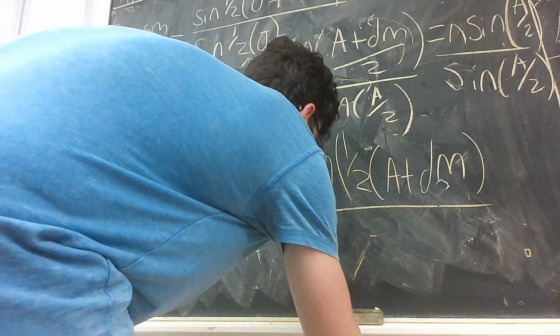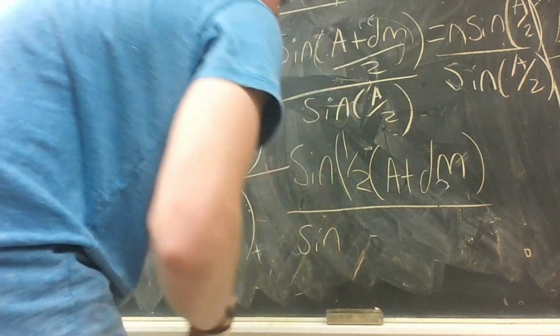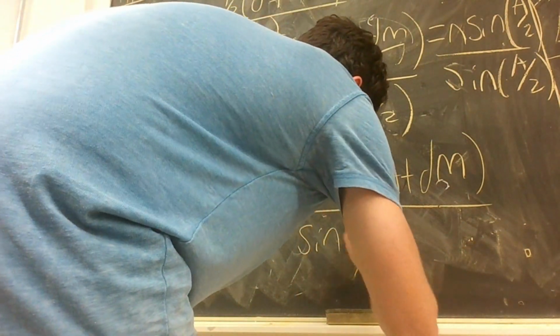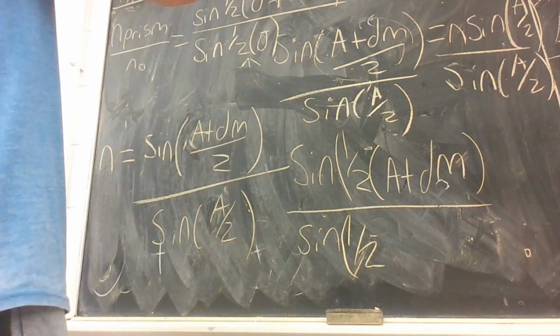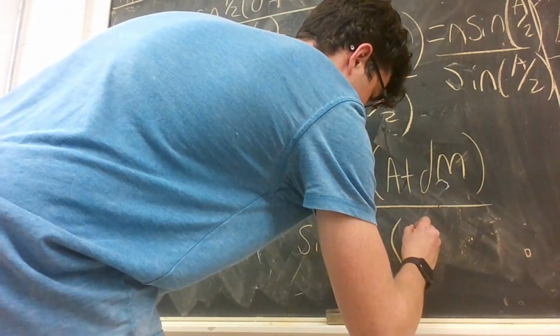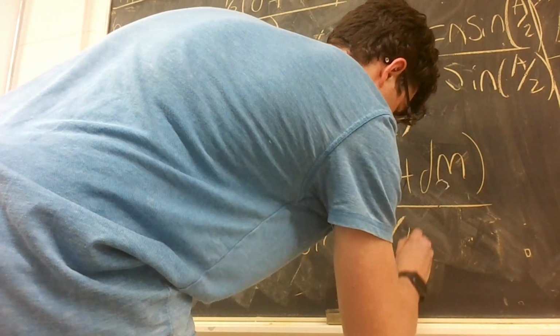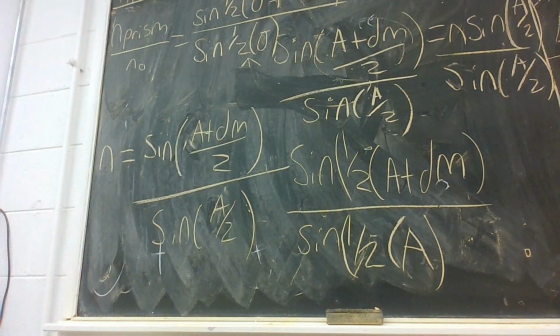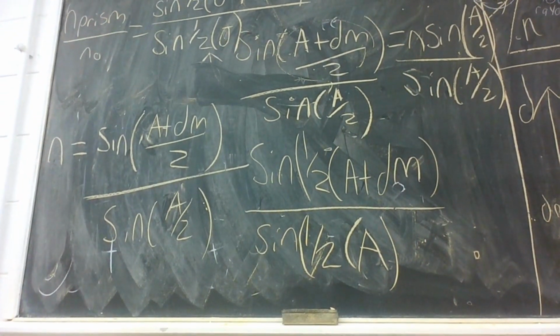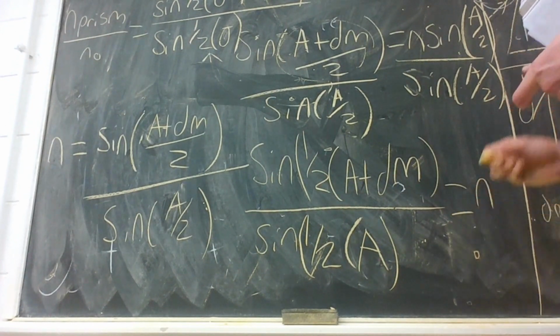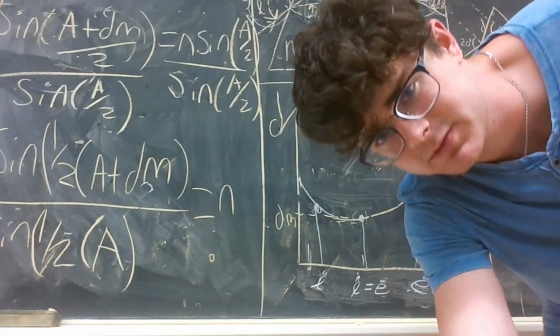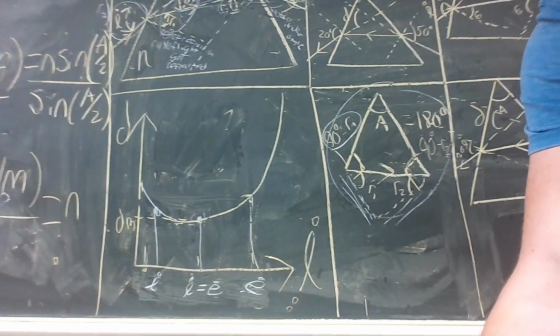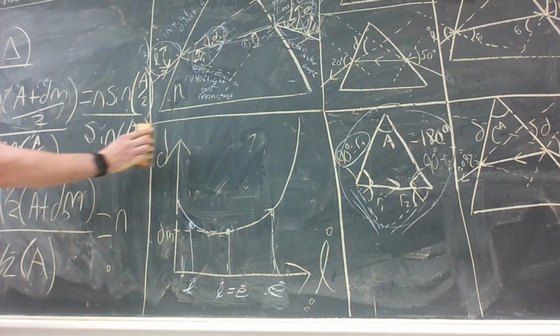So this would be sine 1/2 times A. I'm going to need more room to show that it's equal to this. So say it's equal to n. All I have to do now is shuffle some variables around, and then it should equal it.